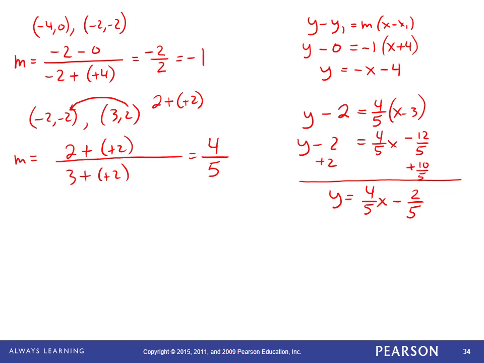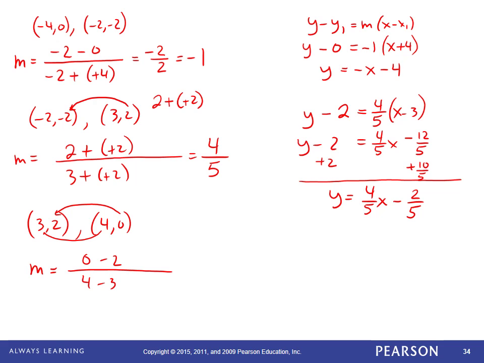All right, and last one here. When the graph turns again, it starts going down. So 3, 2 and 4, 0 are the 2 points to make that happen. This one's kind of easy. From the graph itself, you can probably get even the slope there. But again, we're just going to go quickly here. 0 minus 2 over 4 minus 3, and how about a -2 over 1, or just -2?